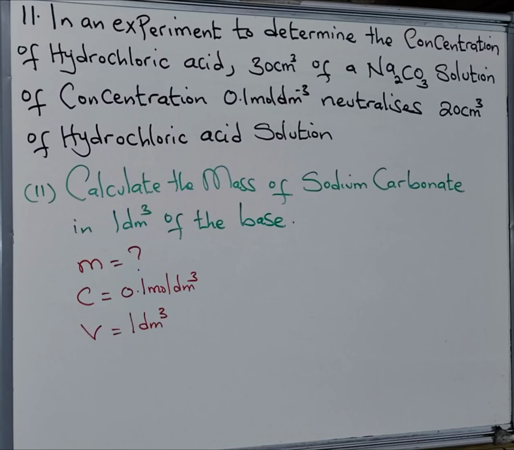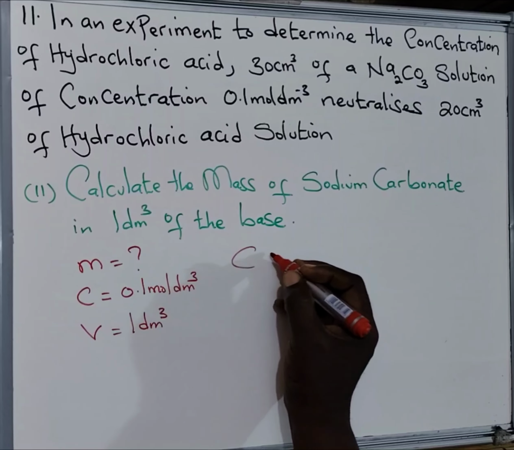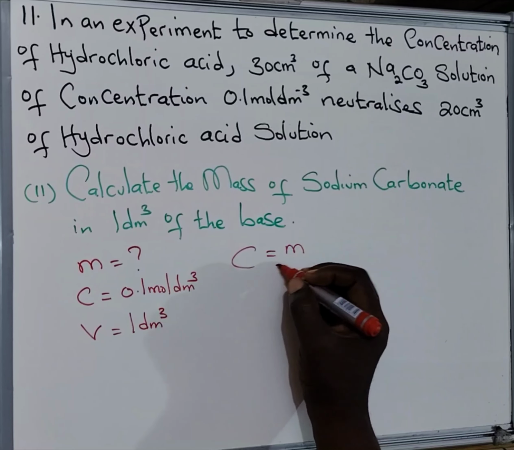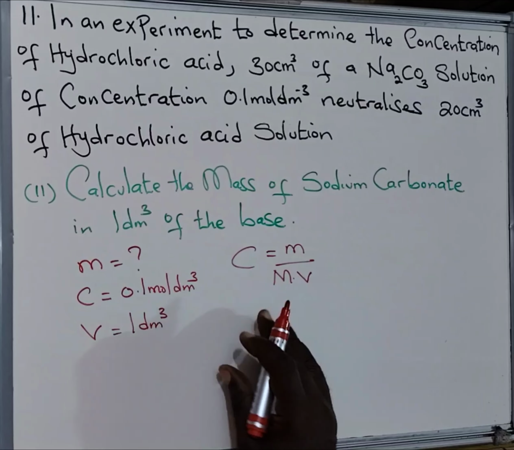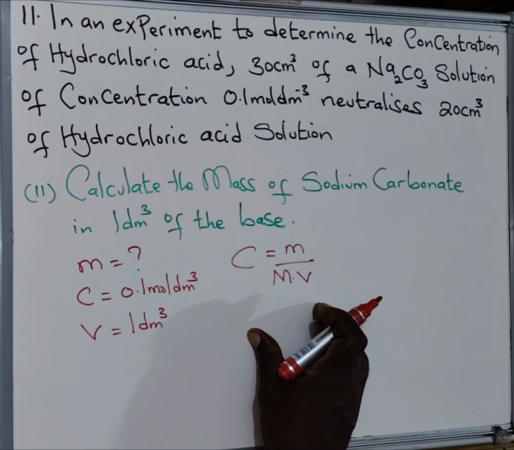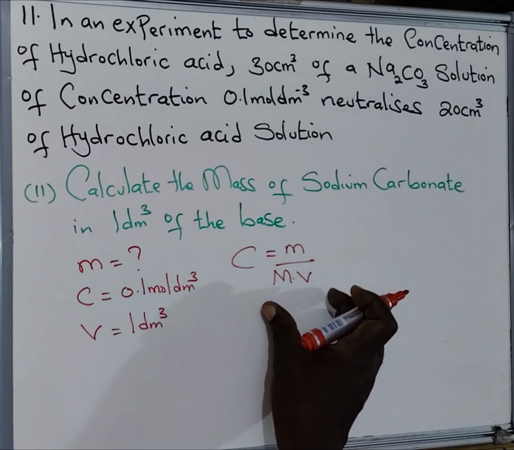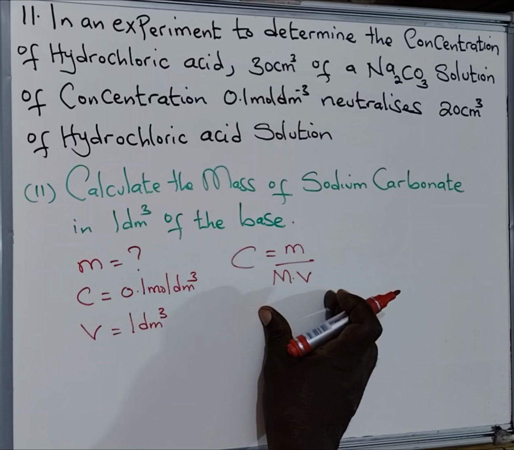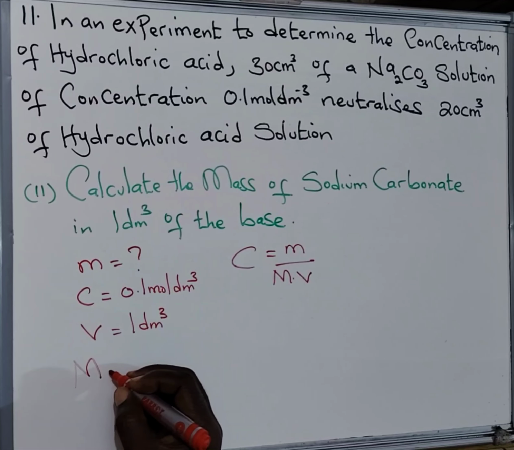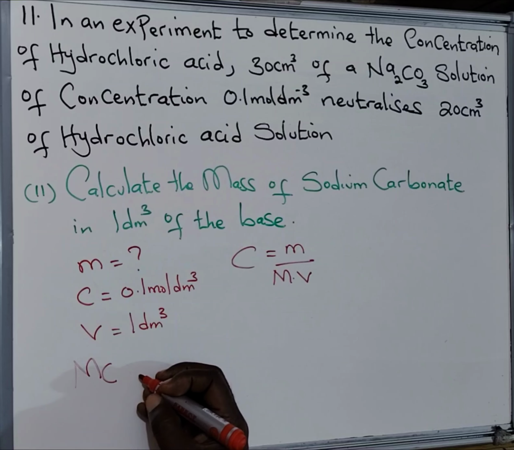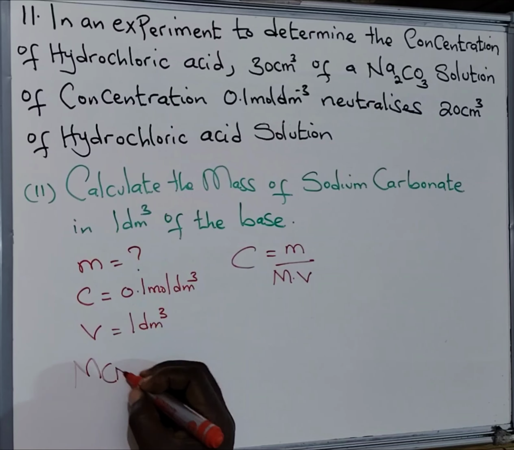So from here, what do we do? You pick the equation which has concentration and mass, and that equation is going to be C is equal to mass over molar mass times volume. When you look at the equation, what do you notice? That you are missing one of the necessities to calculate this, which is the molar mass. So we do the calculation of molar mass of sodium carbonate.